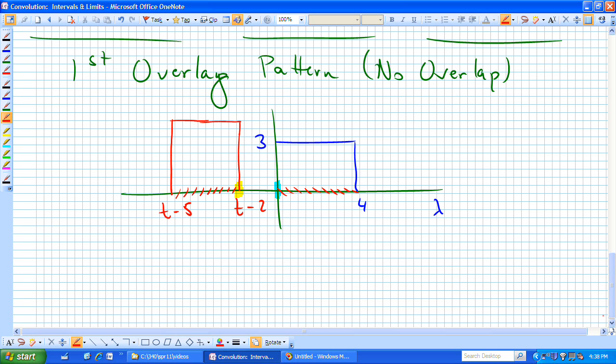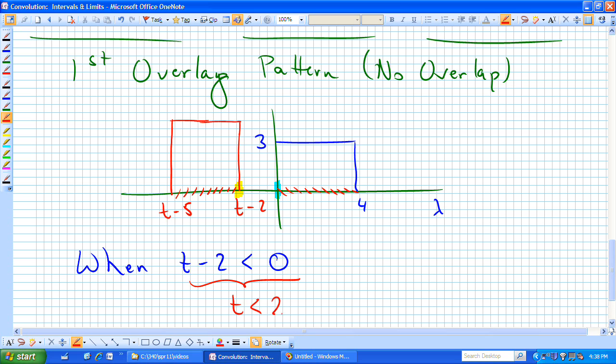And because of that, this particular pattern occurs when t minus 2 remains less than 0. Well, that actually we can clean up.